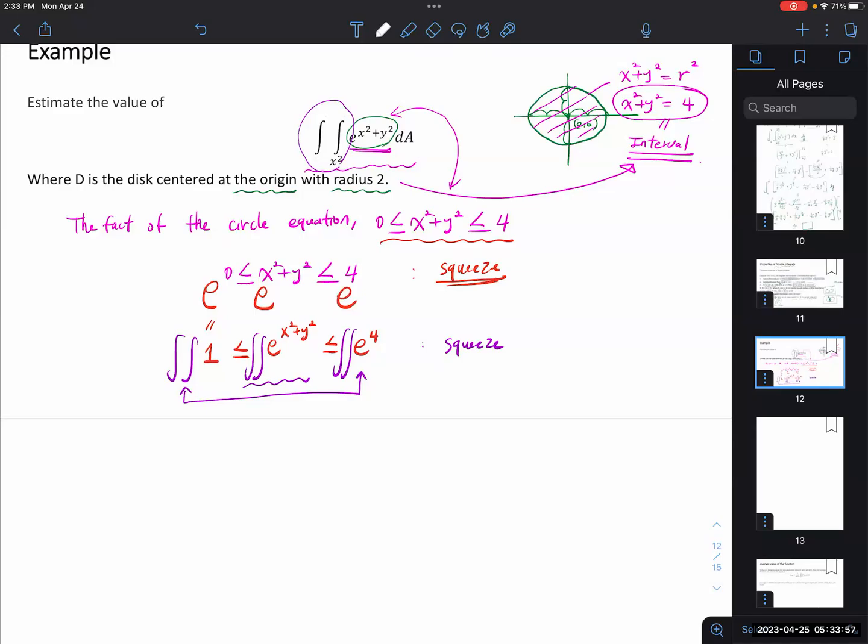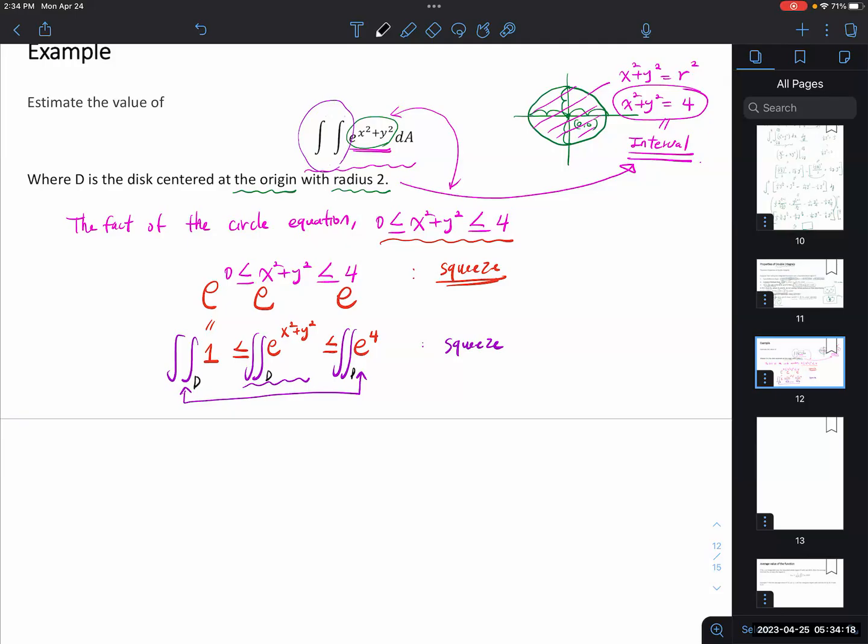This is not given. Okay, that's it. Nothing is special. We don't have specific information for the D, but we know we're looking for the region D. So hold up there. What are you guys going to do?